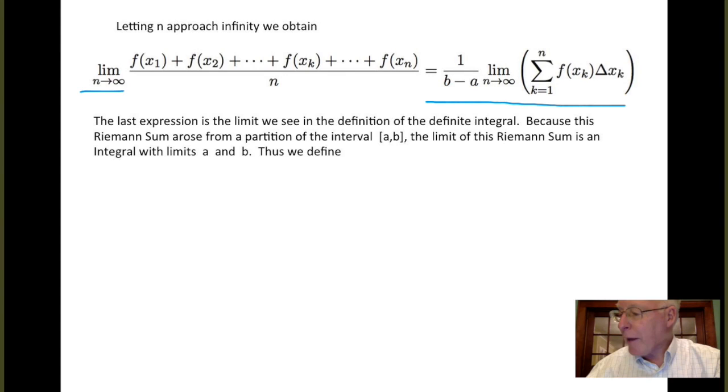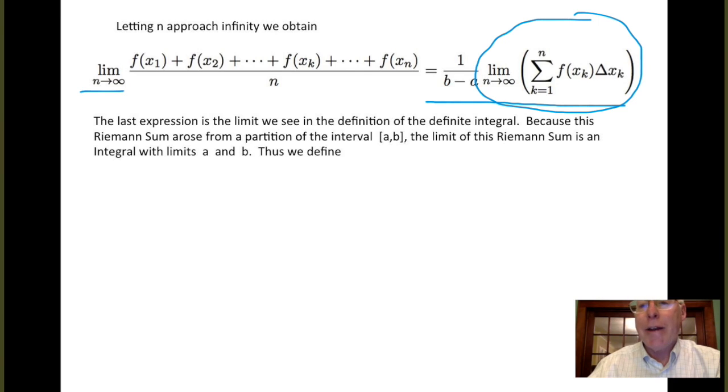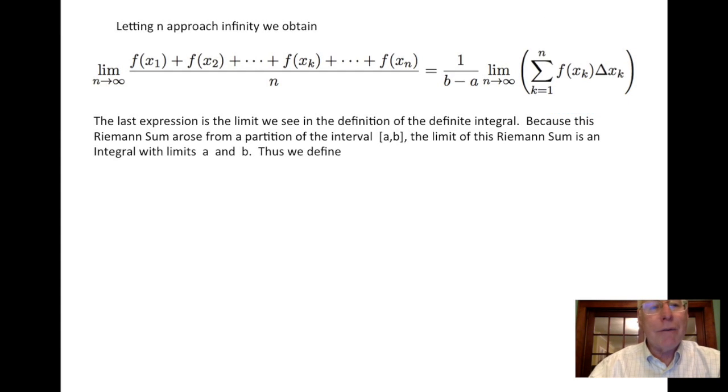This last limit is important because it looks like the limit of a Riemann sum, i.e. an integral, because remember, the definite integral is defined as the limit of Riemann sums. Because this sum arose from partitioning the integral from a to b, we know that this defines an integral from a to b, and we have the following.